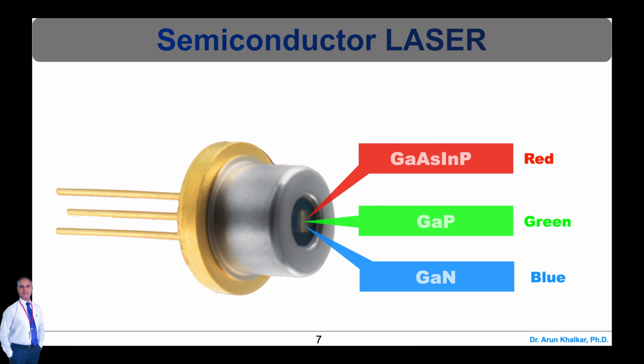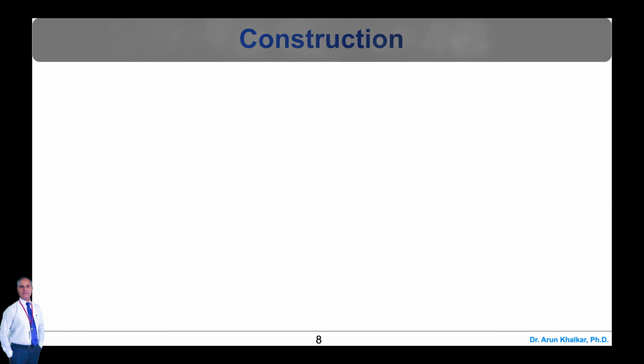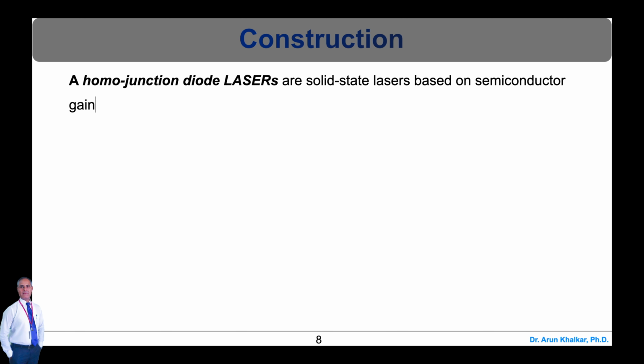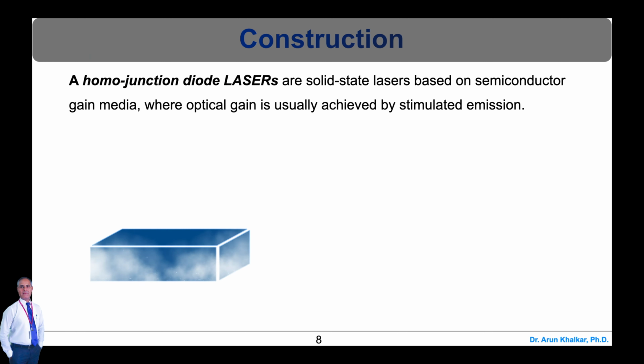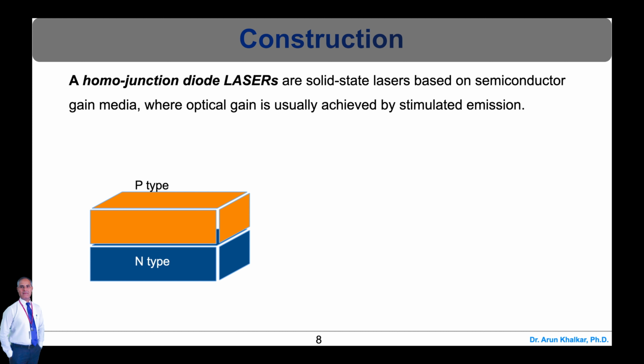Let's try to understand the physics behind the semiconductor laser. Semiconductor homojunction diode lasers are solid-state lasers based on semiconductor gain media, where optical gain is usually achieved by stimulated emission. It is usually fabricated by using a p-type semiconductor over an n-type semiconductor.